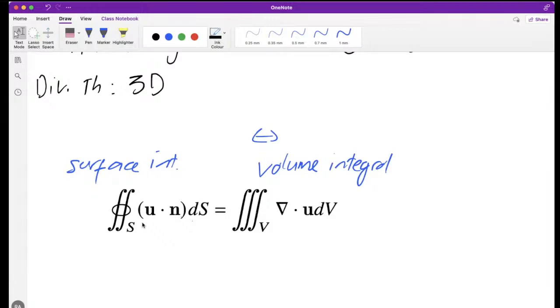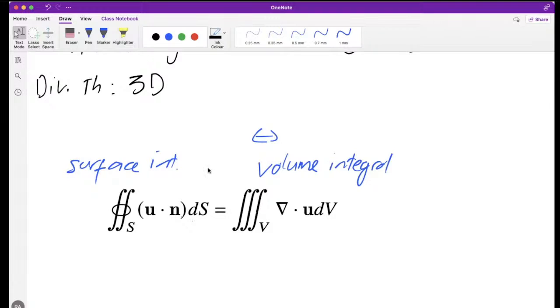So that's, for me, the beauty of this relationship. It relates surface, which is 2D, to the volume, which is 3D, right? 3D geometrical stuff.